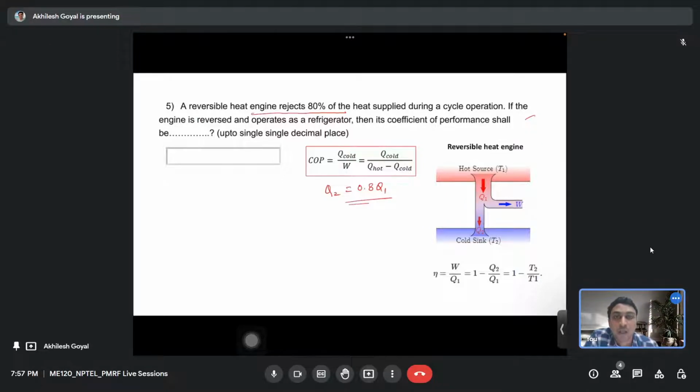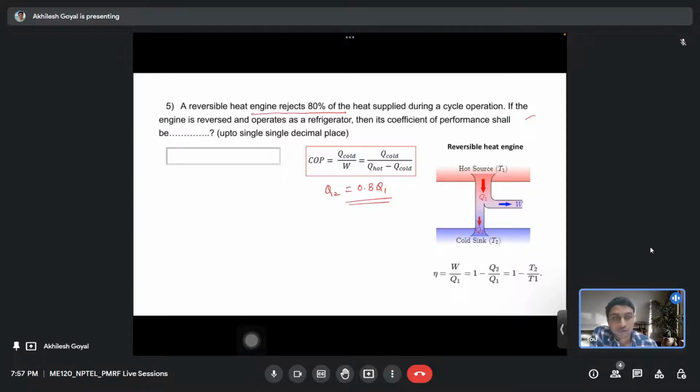Now this engine is working as a refrigerator, and we have to find out the coefficient of performance. Here you can see the coefficient of performance is defined as Q cold divided by W, and this Q cold is the heat that is taken from the cold environment.